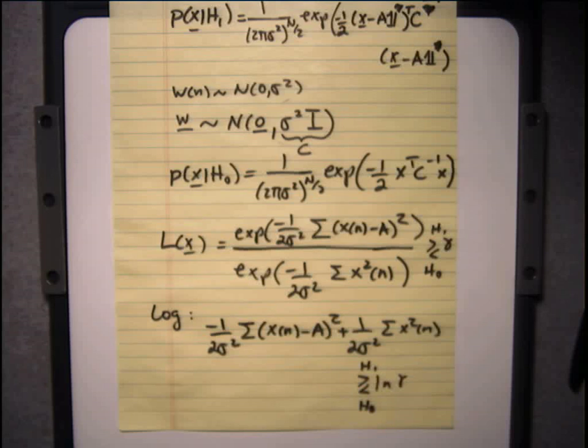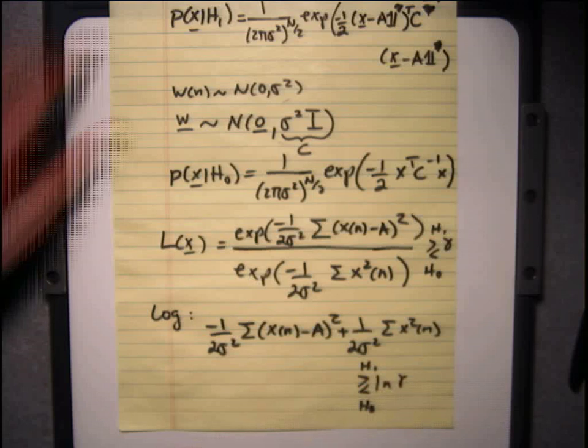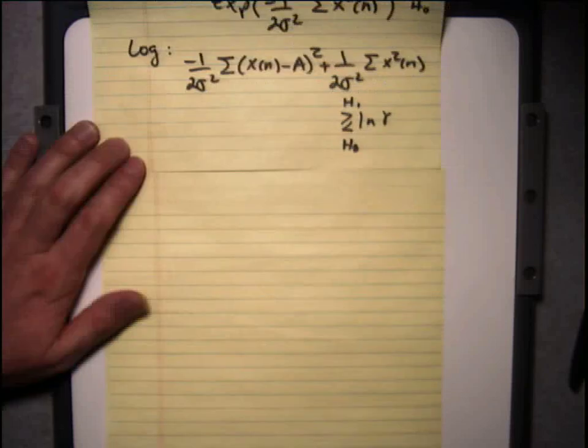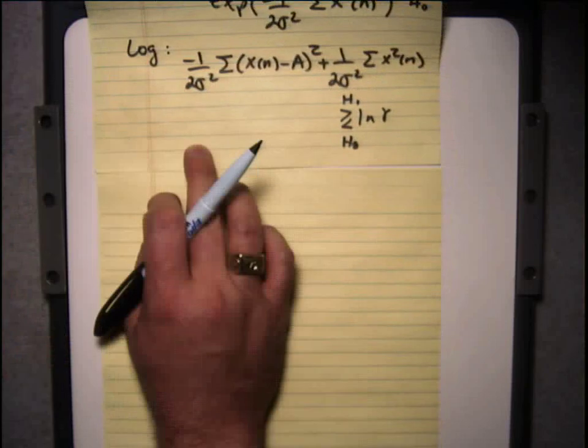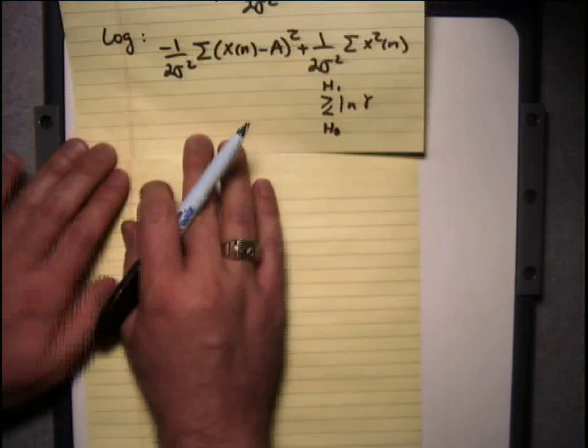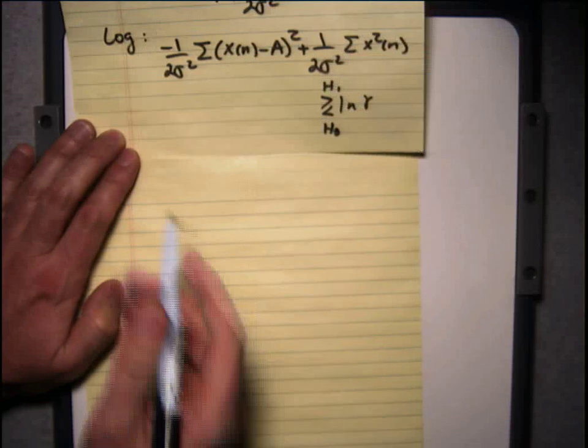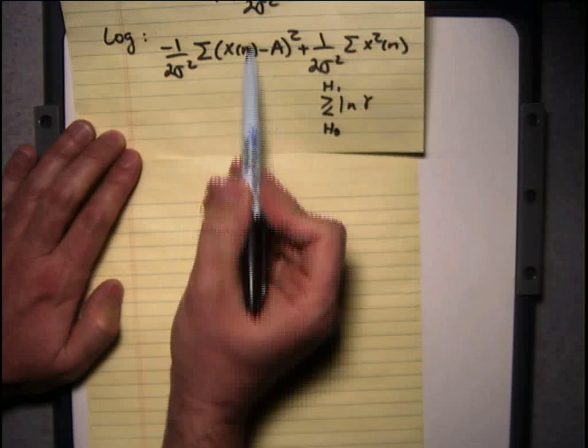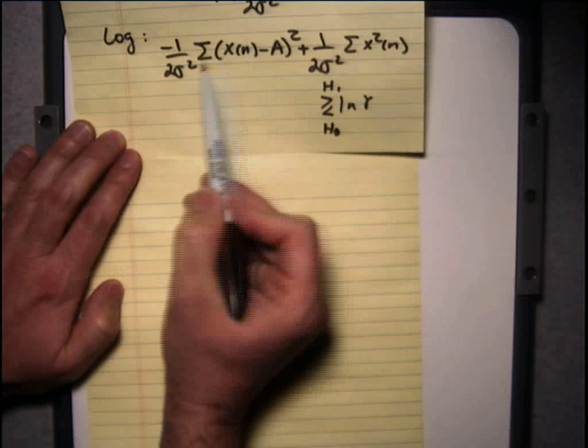All right, so simplify further still. Let's leave that here for a second. So this quadratic here can be expanded and then simplified. So what you see here is if you expand this quadratic, you're going to get a sum of x squared here.